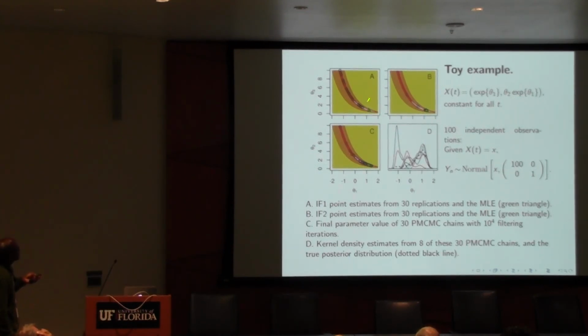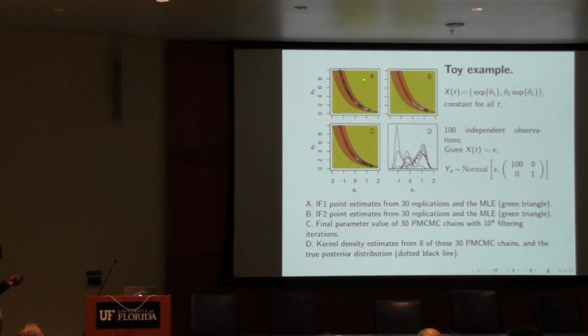And this picture is what you get after, I think, 20 or 25 iterations of each one of these algorithms, but you repeat them 30 times to see the end point that you get after these many iterations.